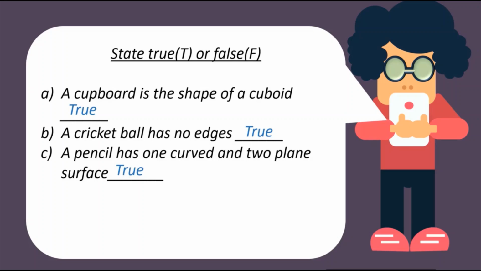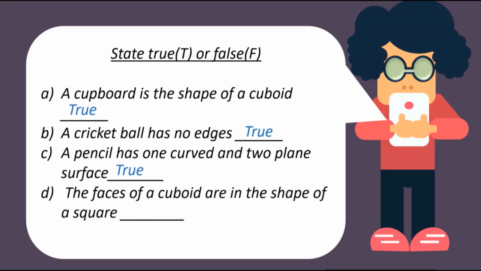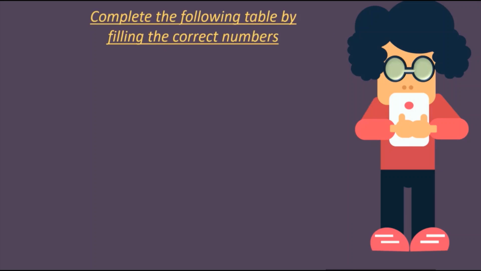That is true because it looks like a cylinder. The faces of a cuboid are in the shape of a square. Is it true? No. It is false. The faces of a cuboid are in the shape of a rectangle.